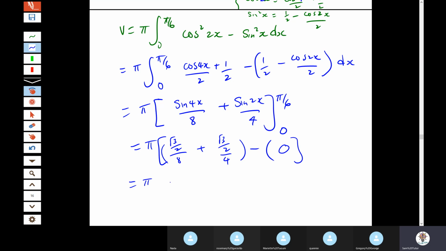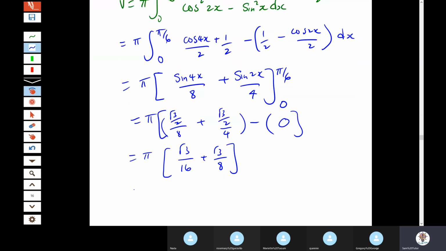We get pi times (root 3 on 16 plus root 3 on 8). And then you could obviously fix it up by times-ing by 2. That's 3 root 3 on 16. That's the answer. Yay!